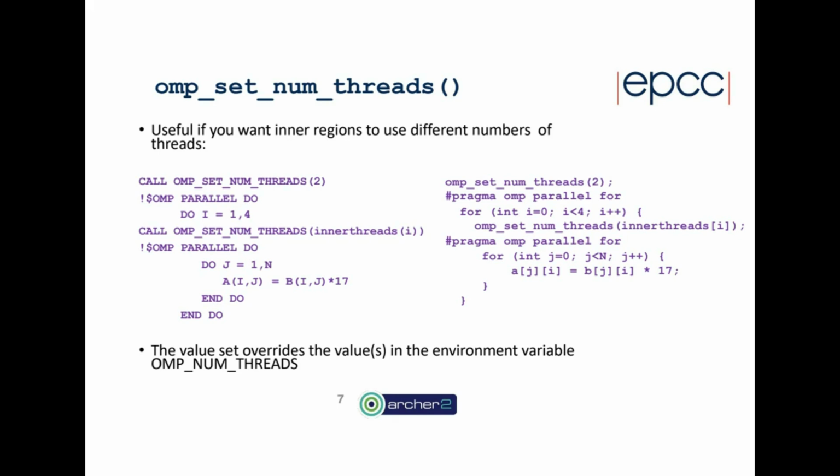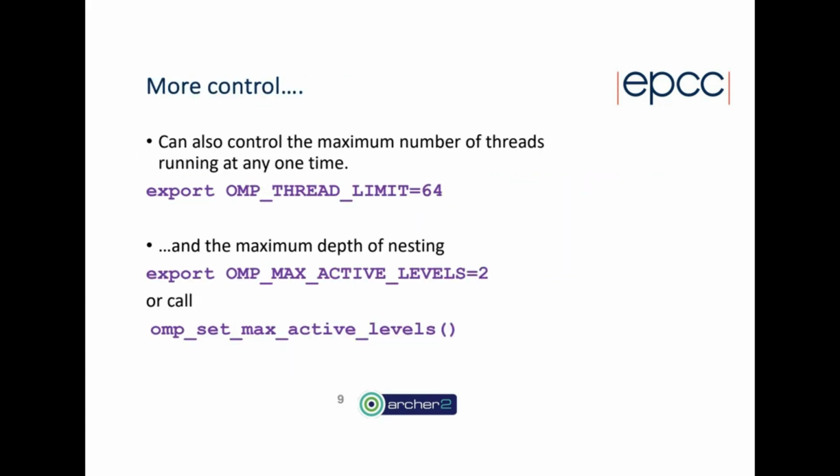It's a little bit hard to say which has bigger overhead, creating new teams of threads or using tasks. My suspicion is that tasks are probably both more flexible and more efficient if you can use them.